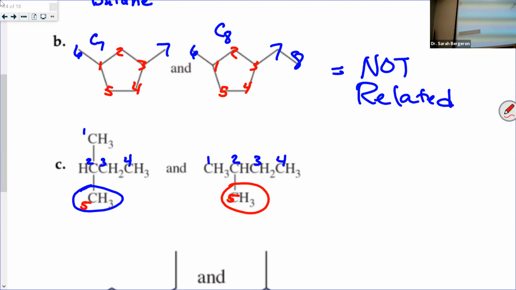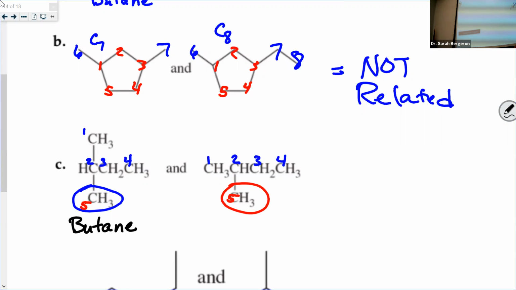Let's name it. If I have 4 carbons in a row, what do I call it? Me eat peanut butter, butane. That's all you're going to know when you walk out of here today. Me eat peanut butter. Okay.